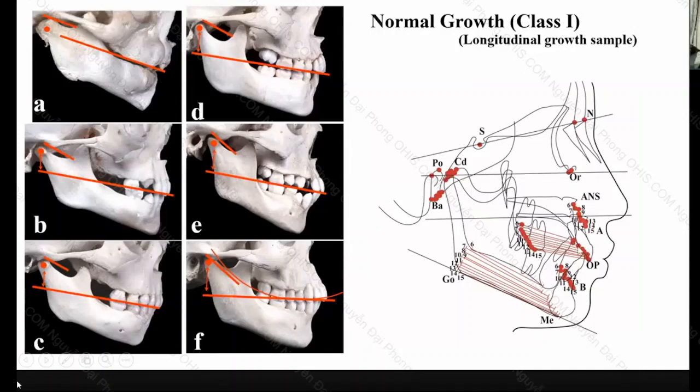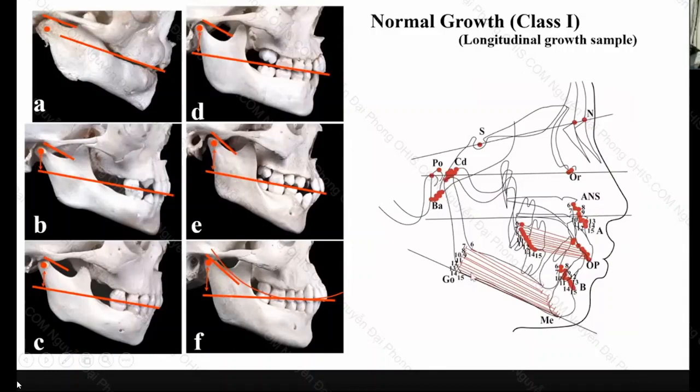Well, if the molar is erupting more, then it increases vertical dimension, and for the mandible this is a very dangerous situation, because it easily opens. But if you see this mandibular plane here, its mandibular plane angle is also decreasing.